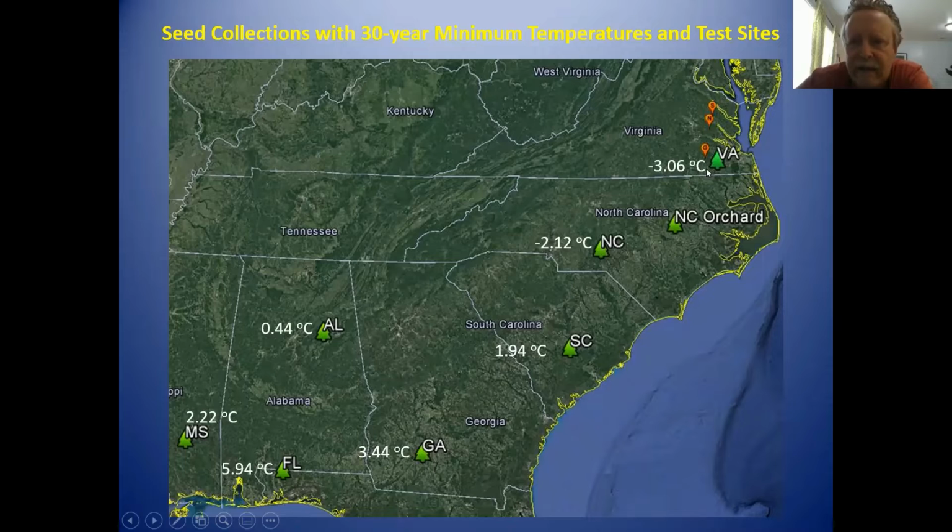They were collected in Virginia, a North Carolina orchard, I don't know exactly where these were collected, so I don't have a temperature associated with that, another site in North Carolina, South Carolina, Alabama, Georgia, Florida, and Mississippi. So a very wide range of sources planted near the edge of the range of longleaf pine.